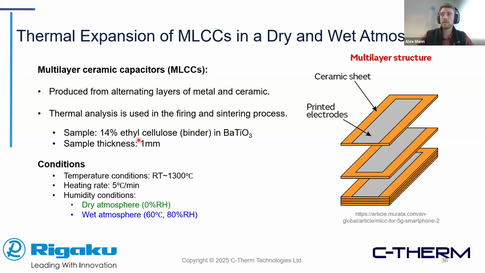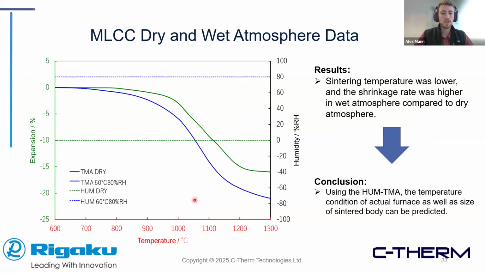So we had the binder and the barium titanate ceramic. Sample thickness was around 1 millimeter, heated up to 1300 from room temperature, 5 minutes, done in a dry and wet atmosphere. As we can see here, whenever the sintering was done in a wet environment, the sintering began much sooner, and it also sintered much more, by around 21 to 22% compared to probably 16 to 17% in the dry environment.